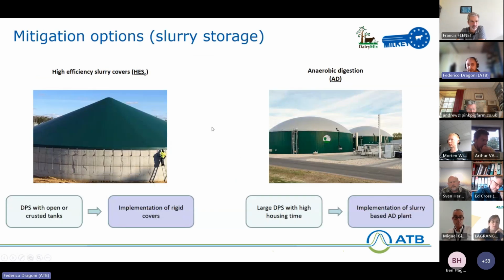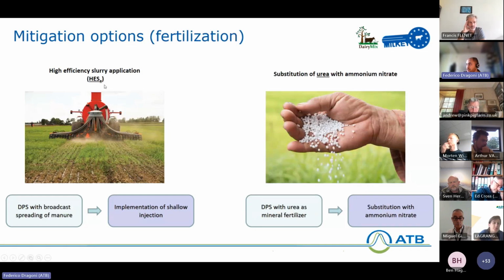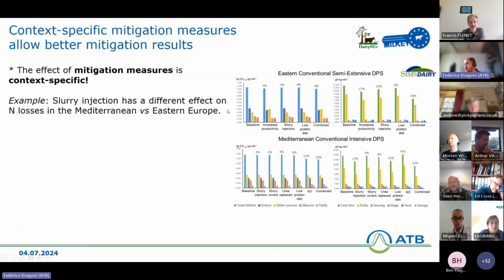We tested in different case studies in Europe, for instance, the effect of covering the slurry stores, anaerobic digestion, and the high efficiency application, that is shallow injection. I'm not mentioning what is related to mineral fertilizers, because it's not what we are talking about now.